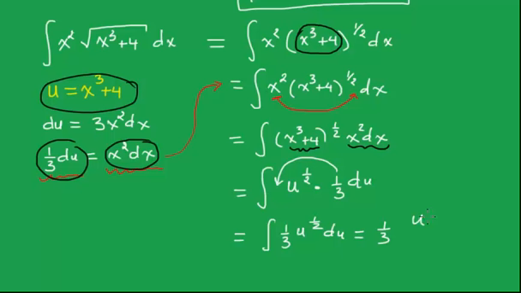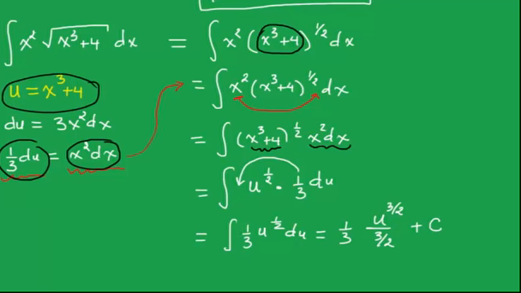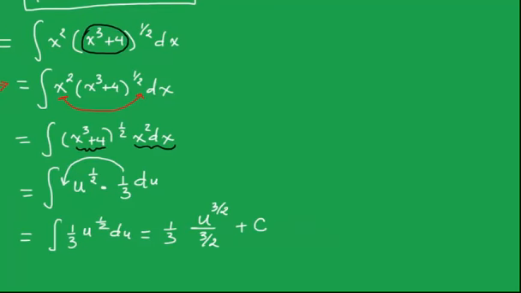That means 3/2 over 3/2, and then plus the constant c, which we can simplify. Let's go ahead and simplify this into 2 over 9 u to the 3/2 plus c.